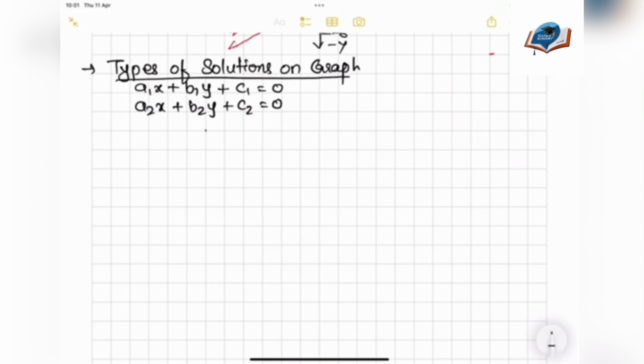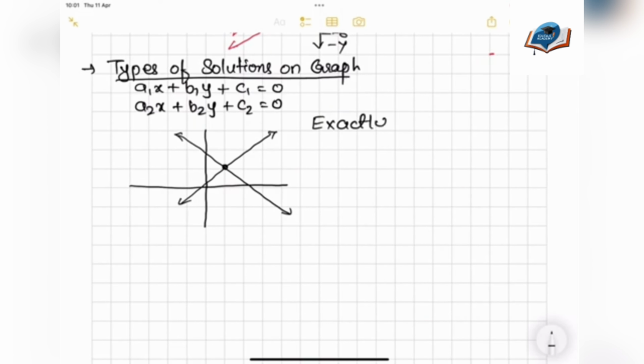Now here I will be using the coefficients to find out which pattern they are. First I am showing you the figure and then I am discussing it with you. See, this is one line, the second line, and they are cutting each other at one point.